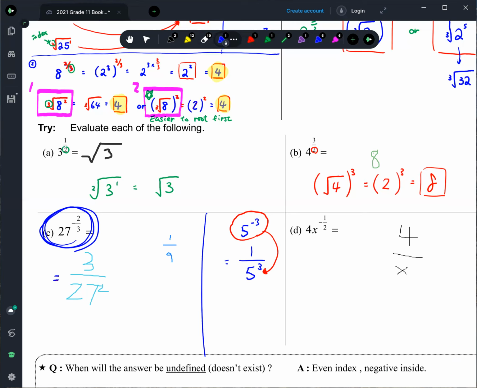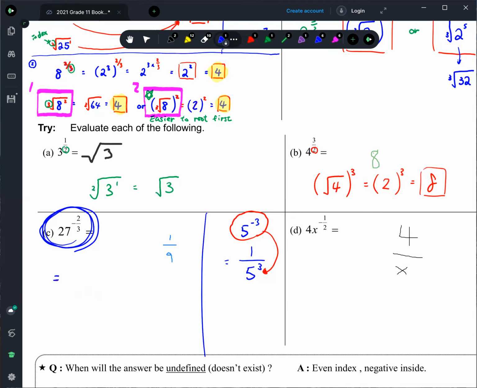Okay, let's ask Wilson. Do you want to try? Can you show me how to do the flipping for this one? For C. It's just like 5 to the -3 power. It's just like 1/5 to the third power. You did it correctly. So how do you do it for question C?